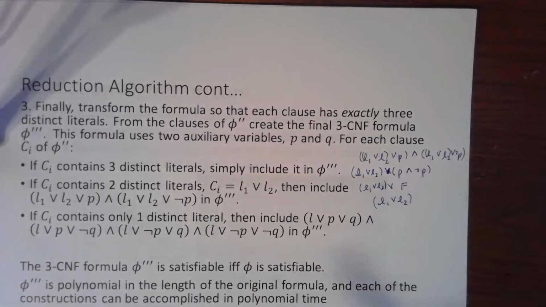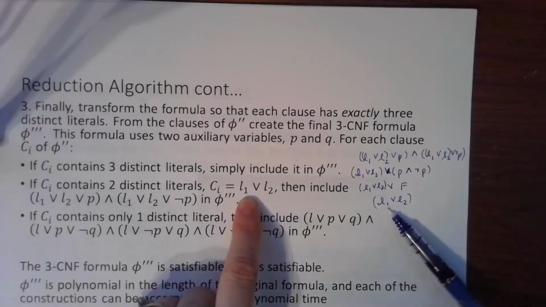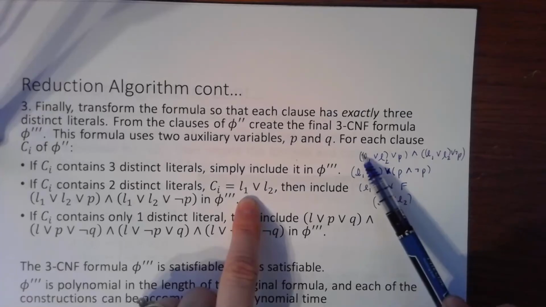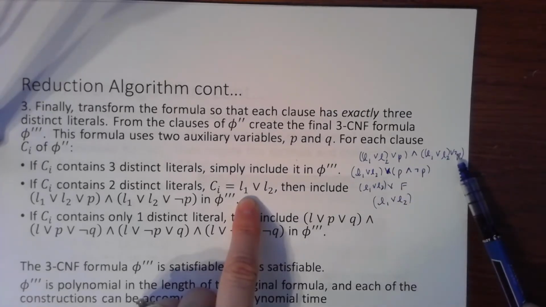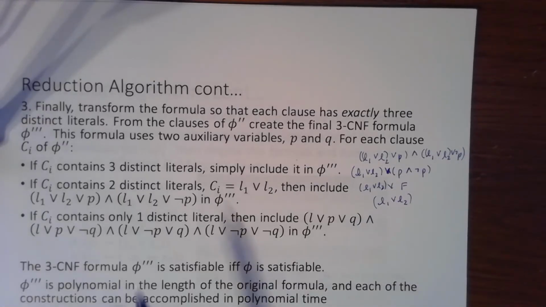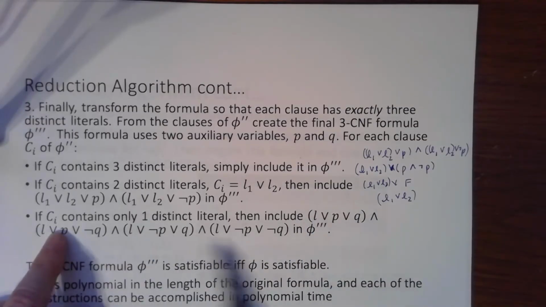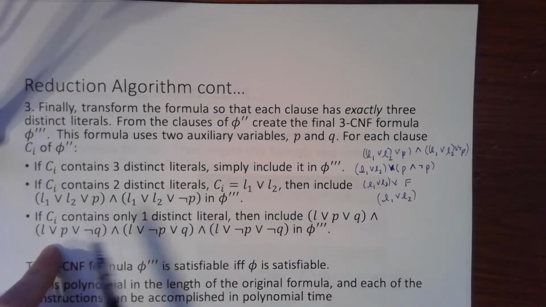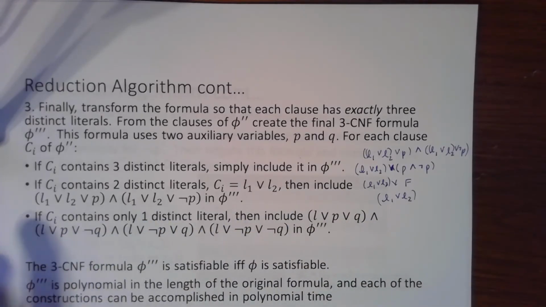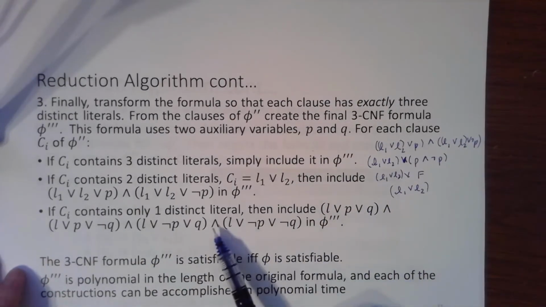So basically what we're saying is, if I only have two literals like this, I can work this backwards and replace it with these two clauses that are logically equivalent, but they have three different literals. In a similar way, if I had only one distinct literal, then I would have to replace it with these four clauses that are logically equivalent to something that just contains one.